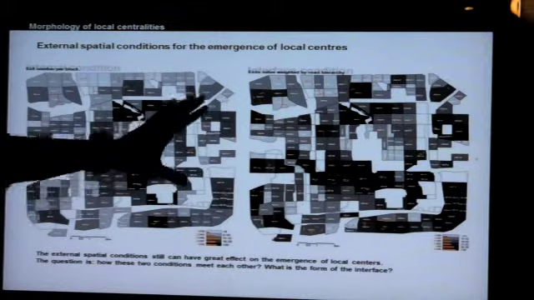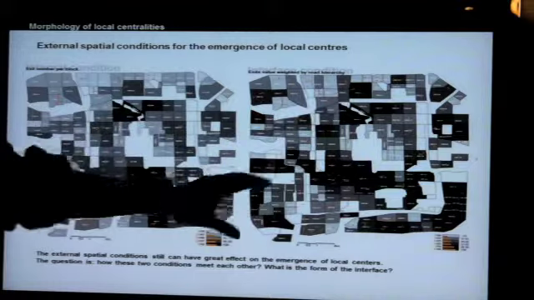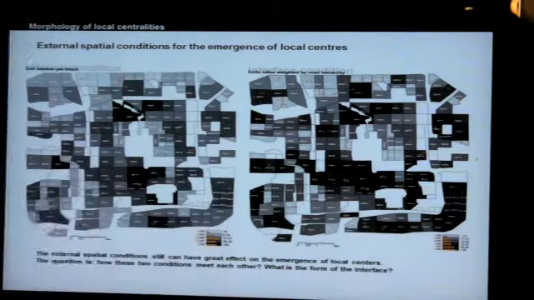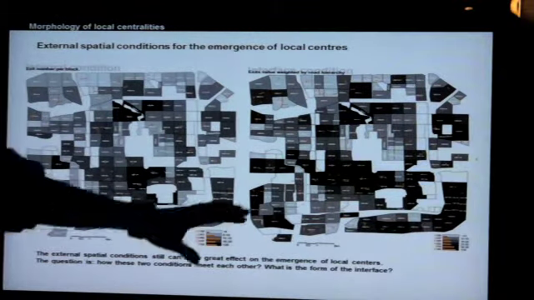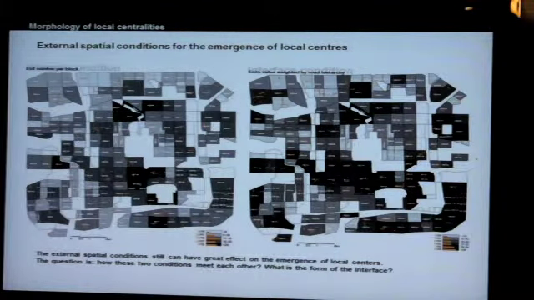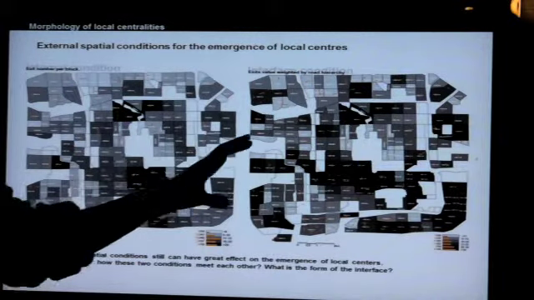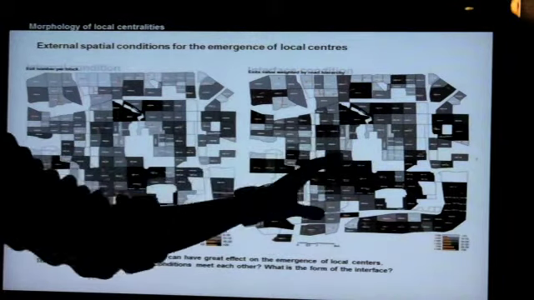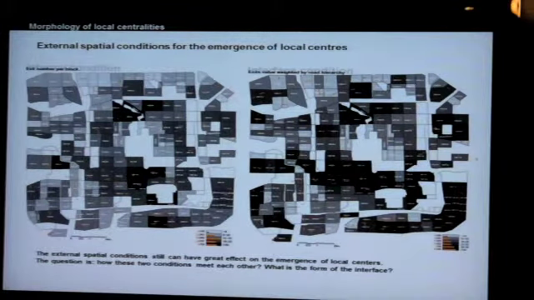When I use this rule, the tendency becomes even more clear. Immediately, it looks like the type of blocks which are better connected with outside have better potential to support local centralities.